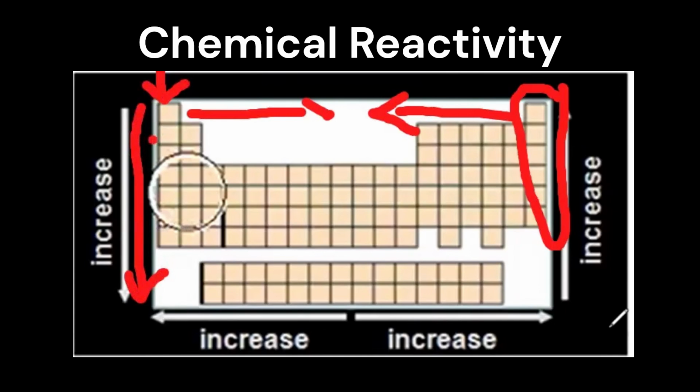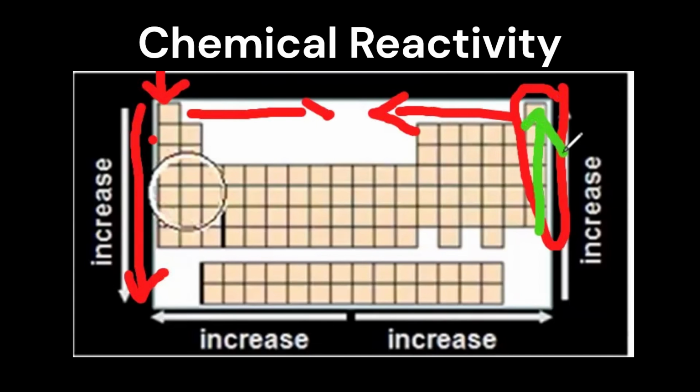But for non-metals, it's the opposite. If we take group 17, the halogens, as an example, going up the non-metal group, reactivity increases.